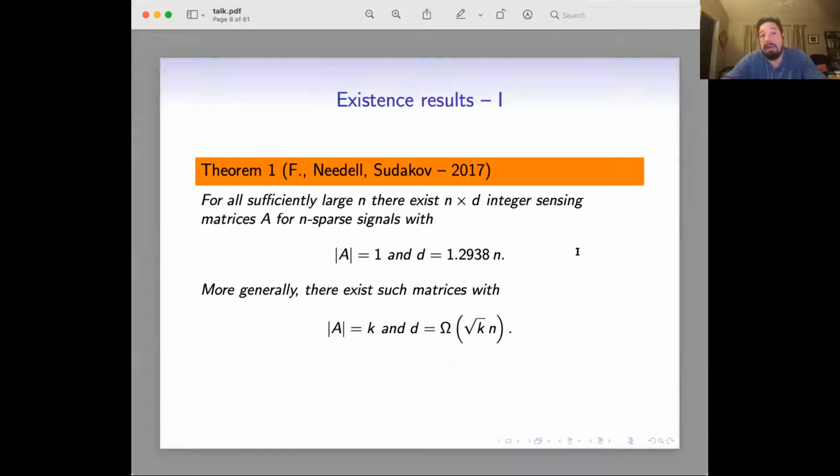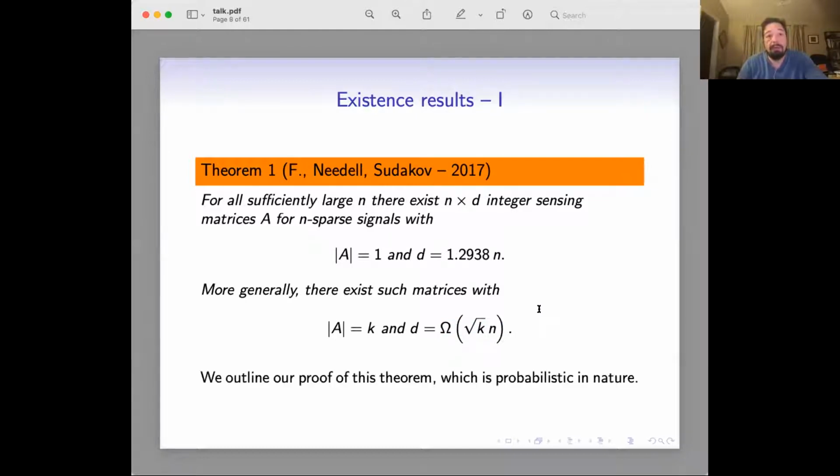So this means that A is actually a matrix with 0, plus or minus 1 entries, and d is about 1.3n. More generally, if I take the sup norm of A to be K, then there exist such matrices with d being big Omega of square root of K times n.